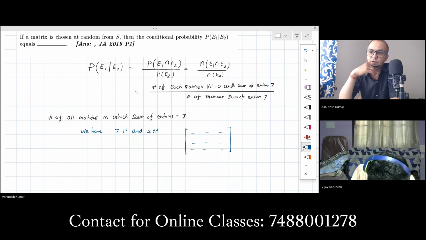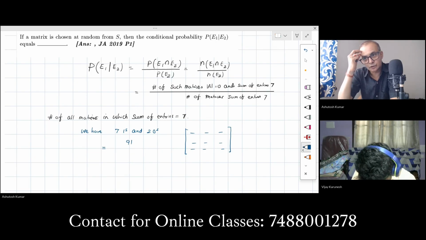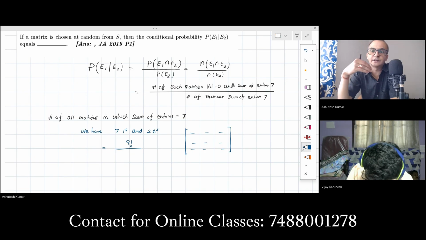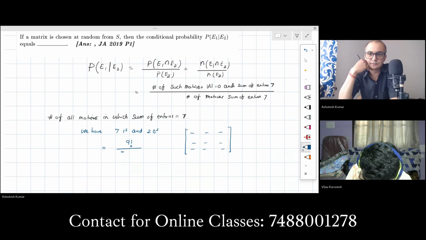So what is the number of ways to arrange it? 9 factorial divided by 7 factorial into 2 factorial. Very good.